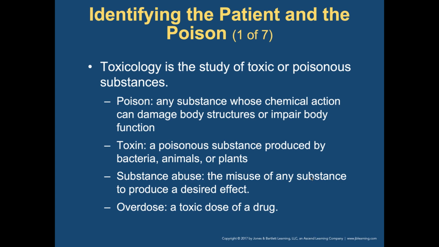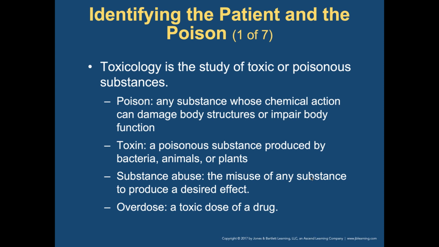We're going to identify the patient with poisoning. Toxicology is the study of toxins and poisonous substances. A poison is any substance whose chemical action can damage body structures or impair function. A toxin is a poisonous substance produced by bacteria, animals, or plants that changes the normal metabolism of cells or destroys them.